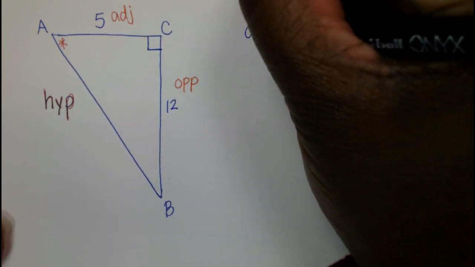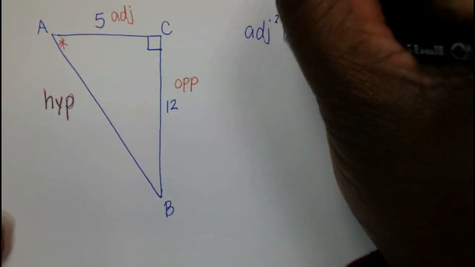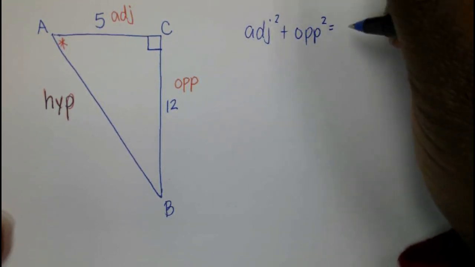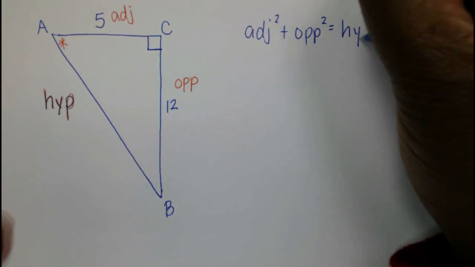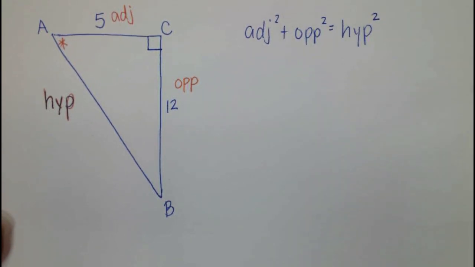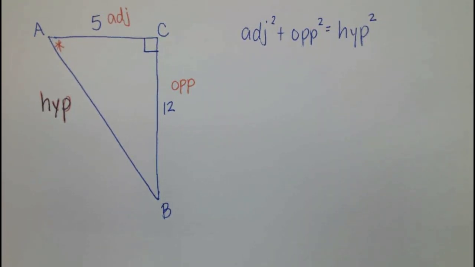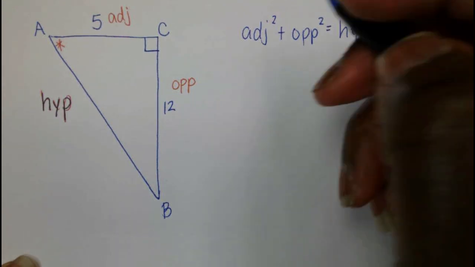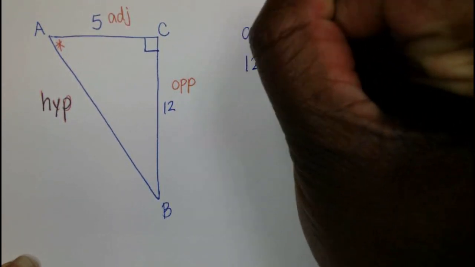So we have adjacent squared plus opposite squared equals hypotenuse squared. I'm going to plug in my numbers. So this is 5 squared plus 12 squared.